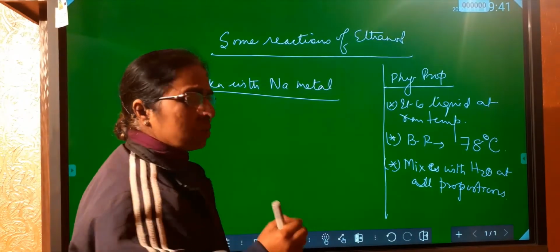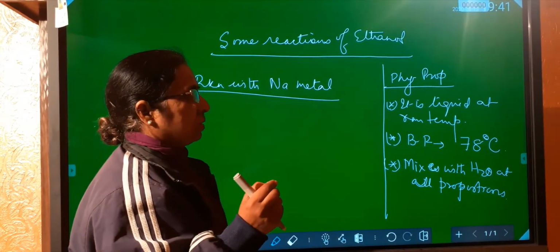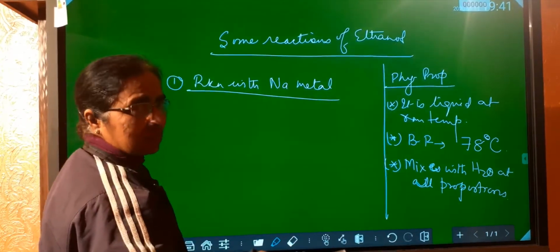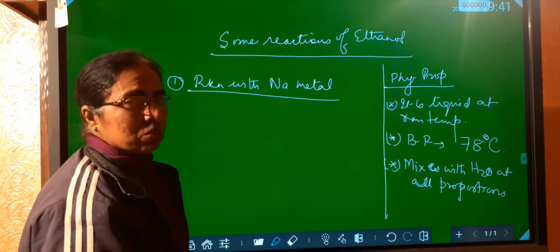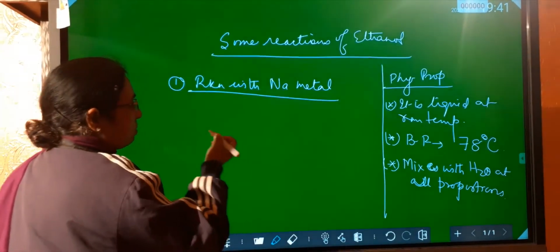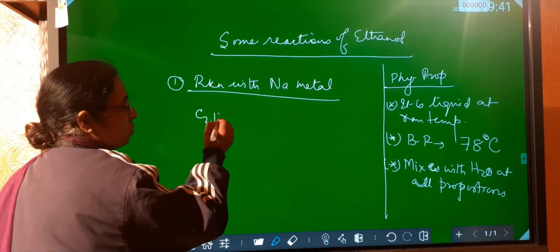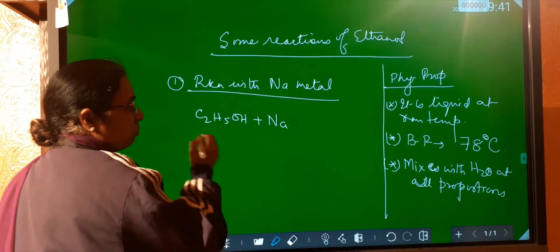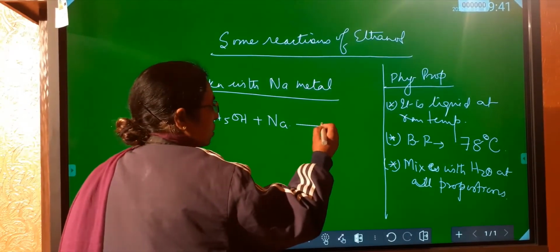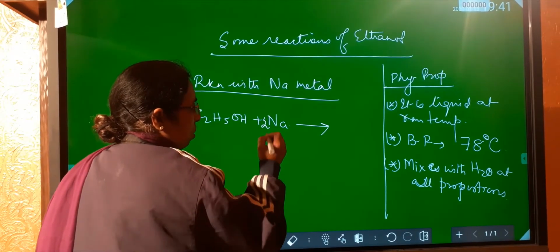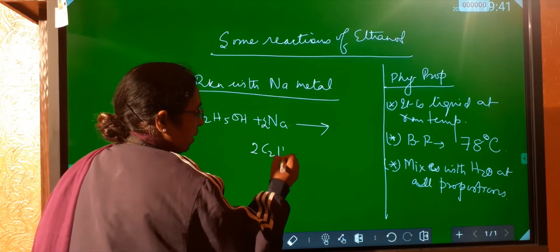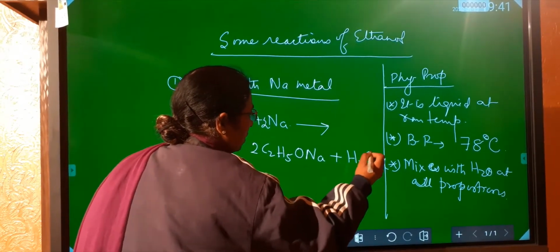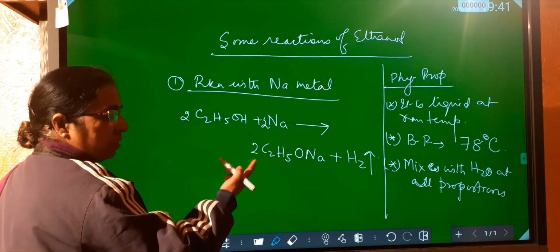Alcohol बहुत ज़्यादा mildly acidic है, तो सोडियम मेटल किसी भी एसिड के साथ जब रिएक्ट करता है, तो it produces salt and hydrogen. So similarly, just see, C2H5OH reacts with the sodium metal, then it will produce the salt, that is C2H5ONa और H2 यहाँ पे निकल जाएगा. ठीक है, so this is a very important reaction.